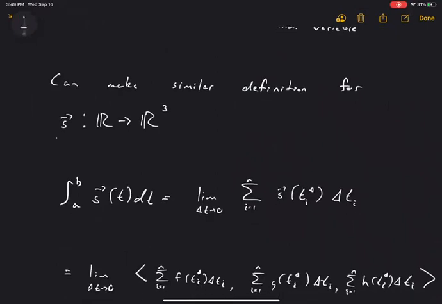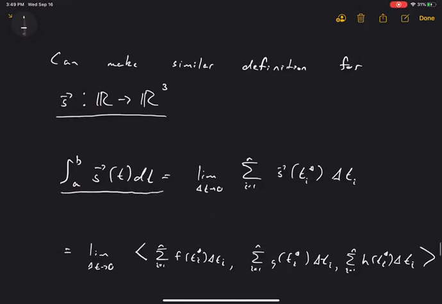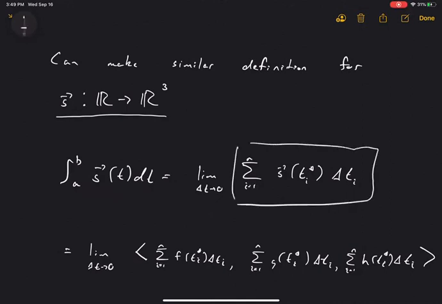So let's assume we have this vector valued function now. Let's define what the integral from a to b of s of t is. Again, let's start with this kind of finite sum here: s of t_i times delta t_i. Well, s of t is my vector valued function.